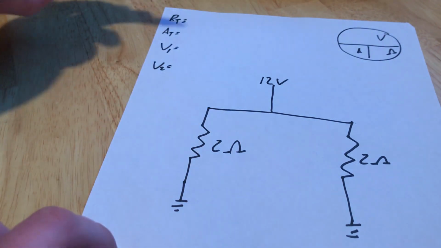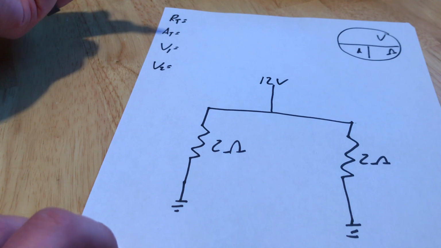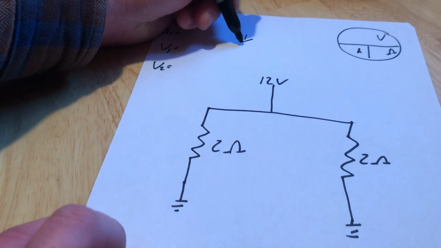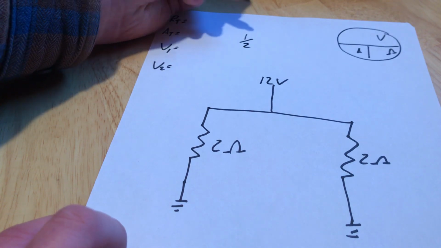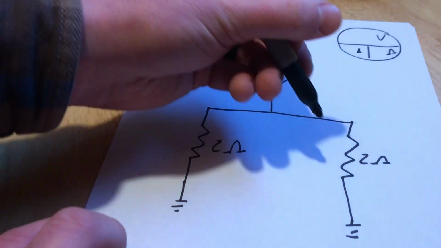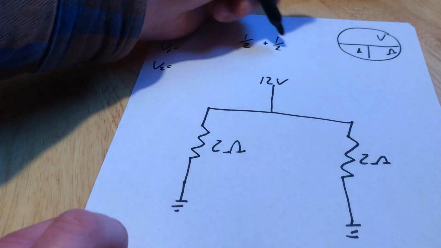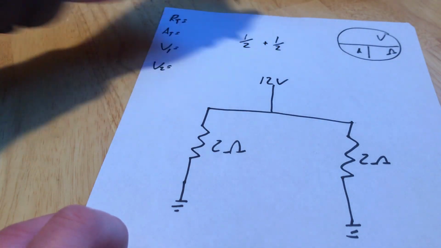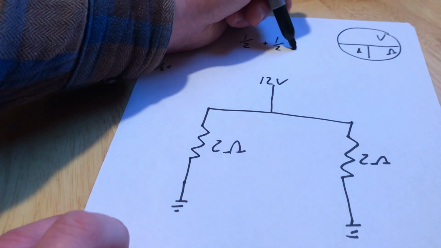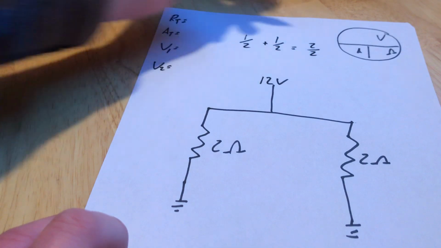In this case, I'm just going to go on with the tried and true method that works no matter what. I need to do 1 over the first resistance, which is 2, plus 1 over the second resistance, which is 2. Because the denominators on the bottom are the same, I can add up my numerators on the top. So that comes to 2 over 2.